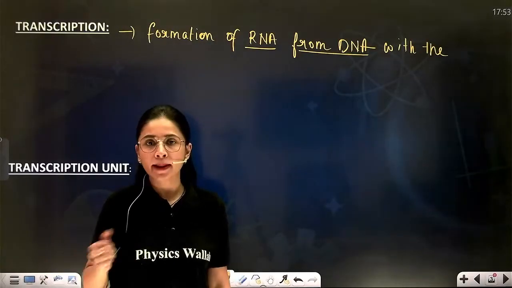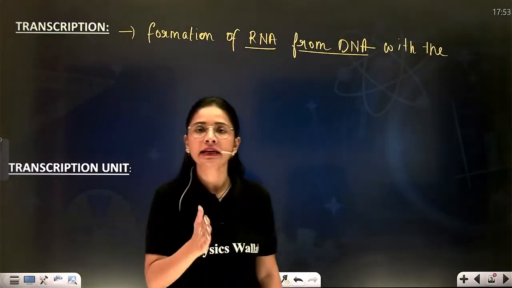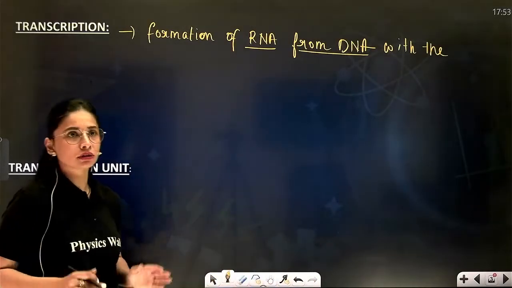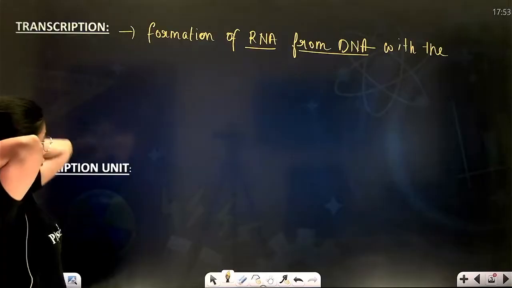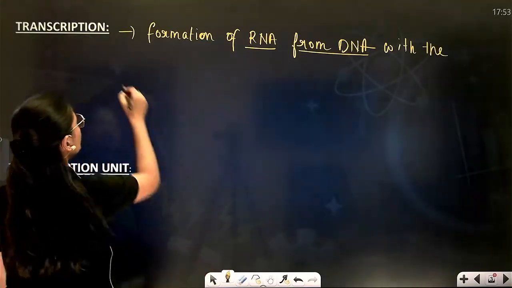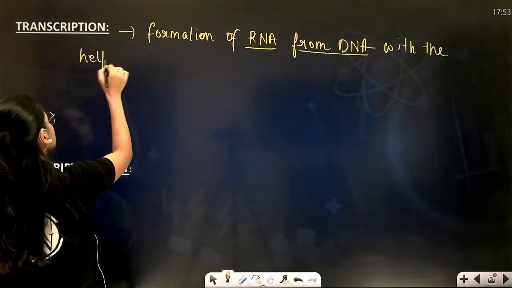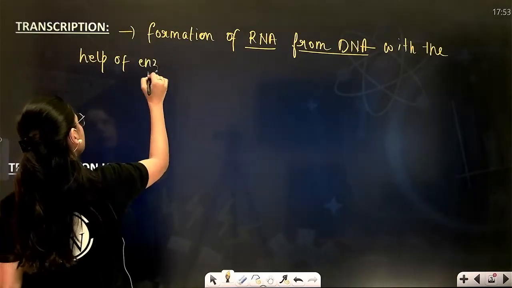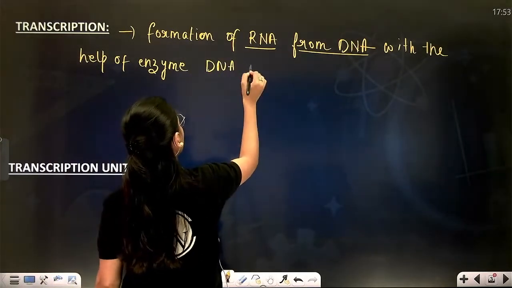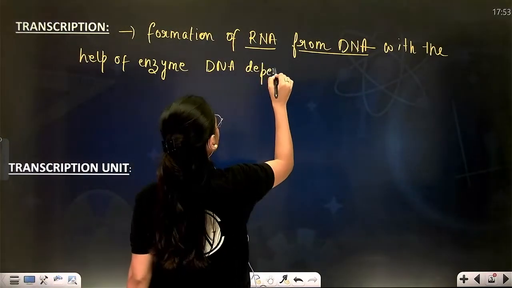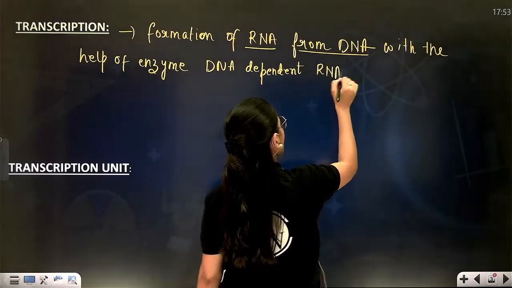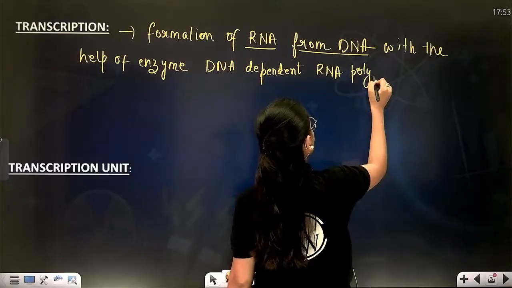Definitely, therefore the name of the enzyme will be DNA dependent RNA polymerase. So what is transcription? Transcription simply means formation of RNA from DNA with the help of the enzyme DNA dependent RNA polymerase.